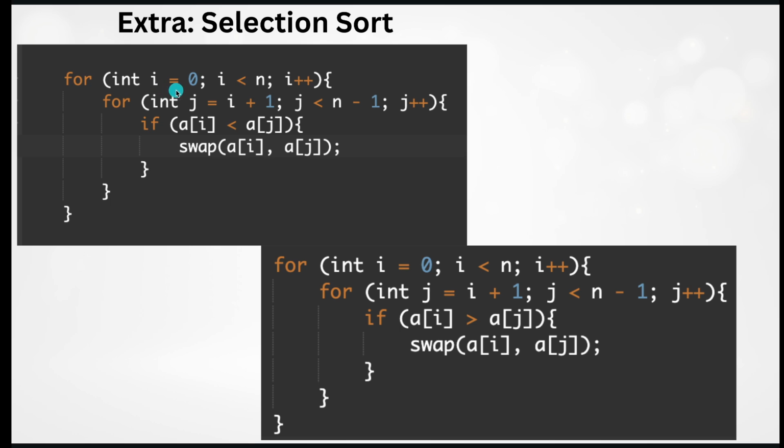from i equals 0 to n minus 1, and the next one will start right next to the first element, which is i plus 1 to n minus 2, and then it depends on the conditions here, which is either A[i] is smaller than A[j] or, in the one below, A[i] is greater than A[j].